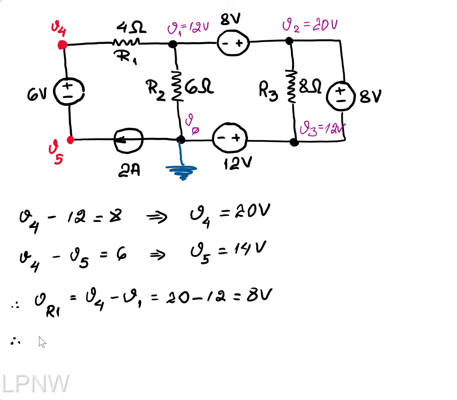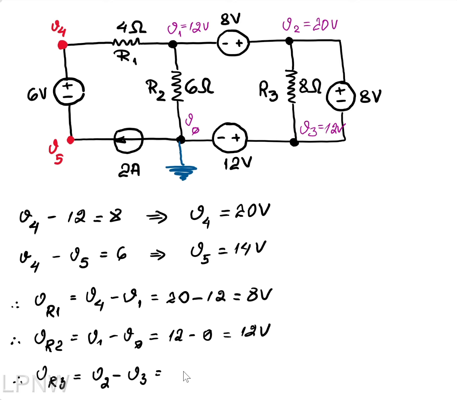Across resistor R2, I have V1 minus V0, which is 12 minus 0, that's 12 volts. And across resistor R3, surrounded by the two nodes V2 and V3, V2 being positive minus V3 is 20 minus 12, which gives again 8 volts.